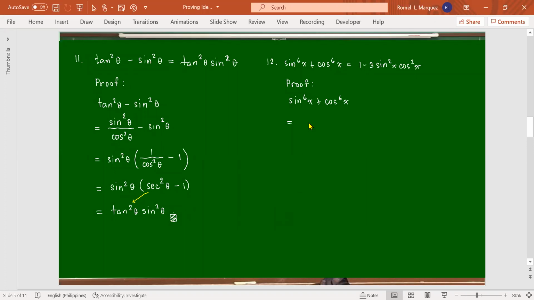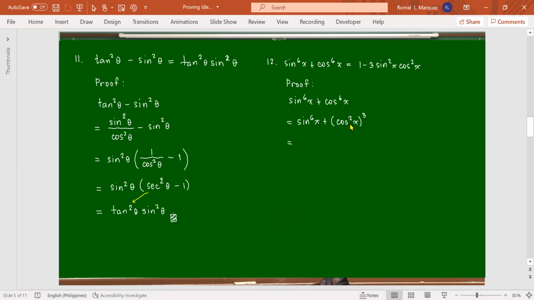So let me try first the second option. So I will express cosine to the 6x as cosine squared x quantity cubed.